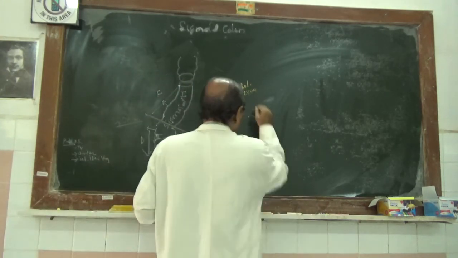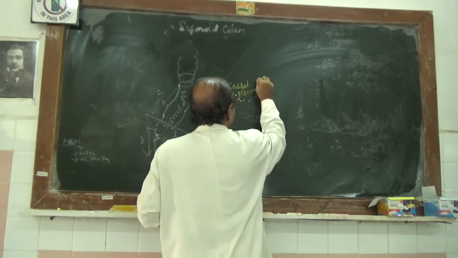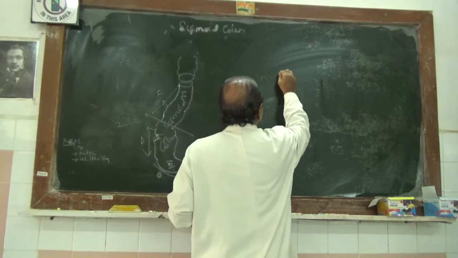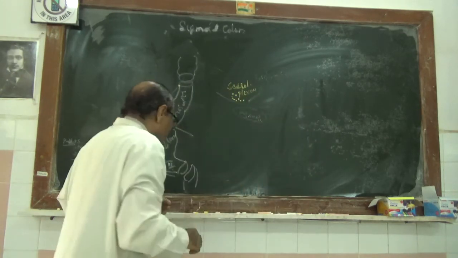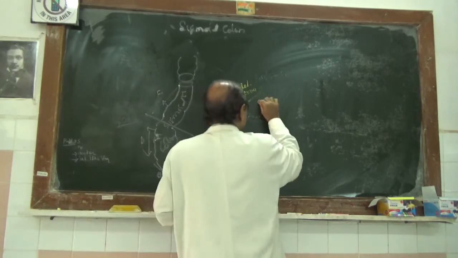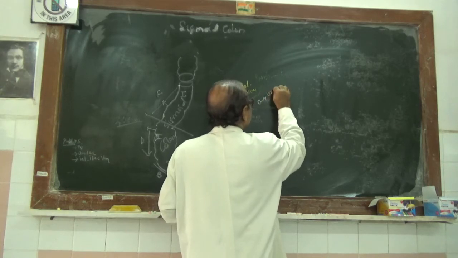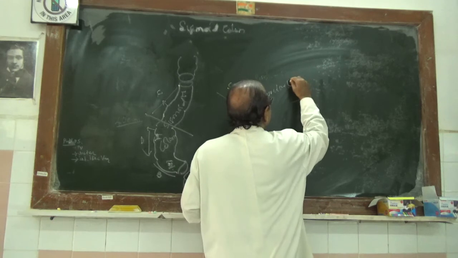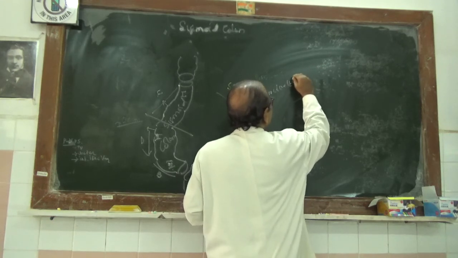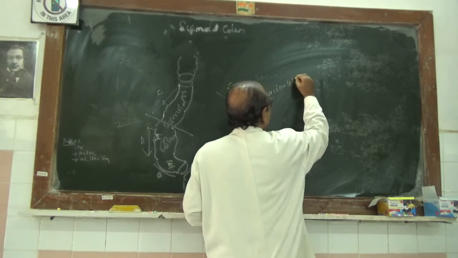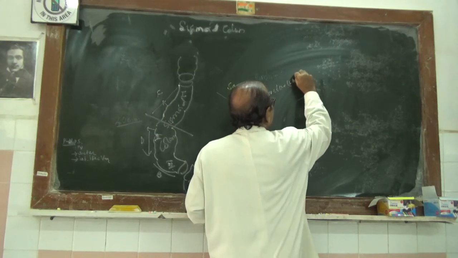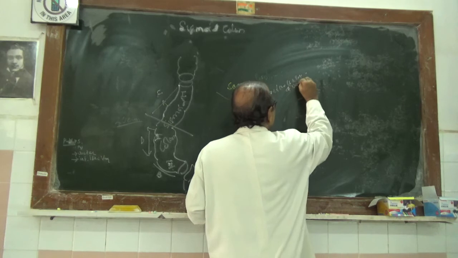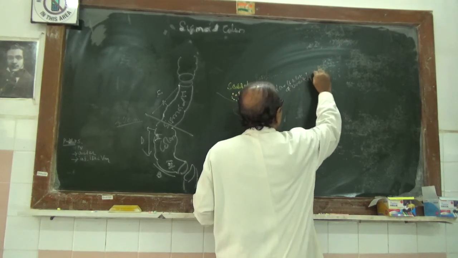Then you will have one muscle, that is the piriformis. Then the ureter will be there, the lower abdominal part of the ureter of the left side.